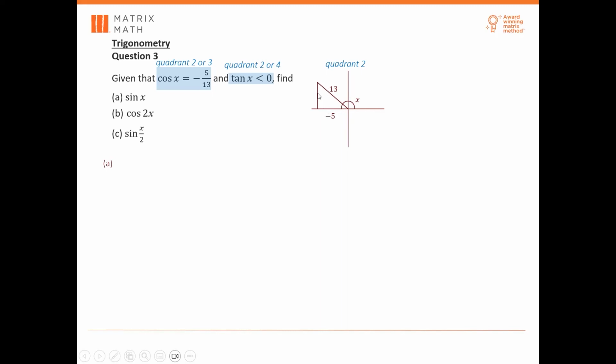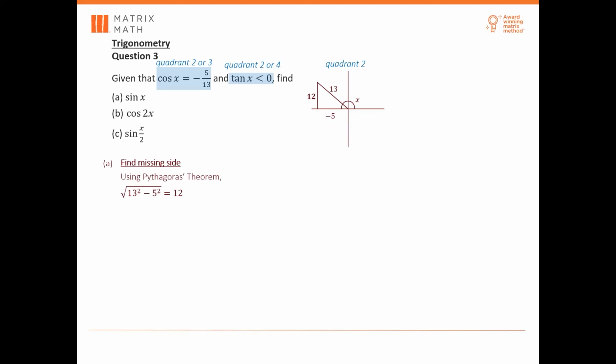So use Pythagoras theorem to quickly find out what the value is at the side over here. We'll get 12, okay? So before you write 12, treat it like axes on a graph paper and check. Will the 12 over there be a positive value or a negative value? Now, it's definitely a positive value because it's measuring up the y-axis, and it's above the x-axis.